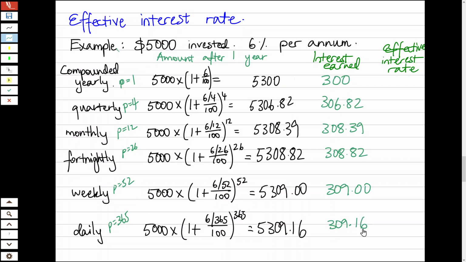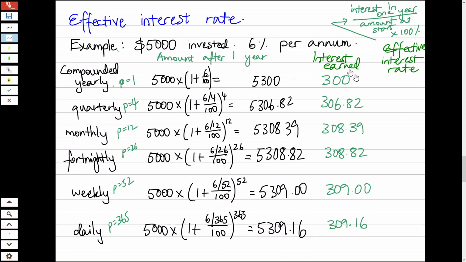And this is what the effective interest rate is about. It's saying: how much interest do you earn in 1 year, and you divide that by the amount at the start, and you convert it to a percentage by multiplying by 100.